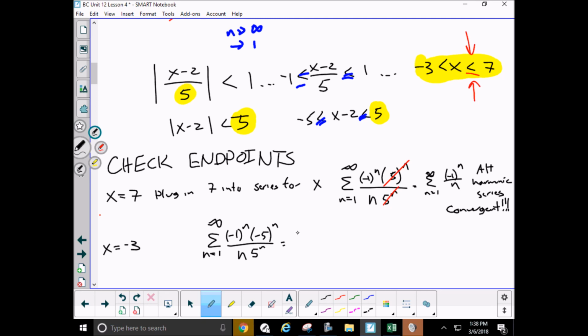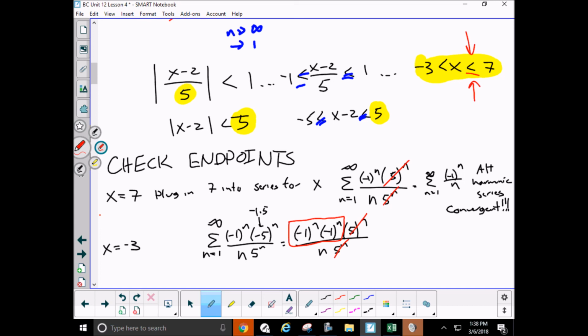But I could if I rewrote this as negative 1 times 5. Since it's a product, I can distribute the power. So it's negative 1 to the n times 5 to the n. The 5 to the n's can now cancel, but I have negative 1 to the n times negative 1 to the n.